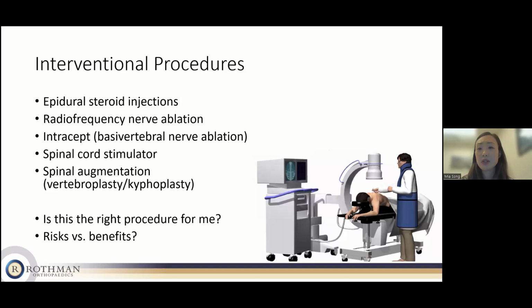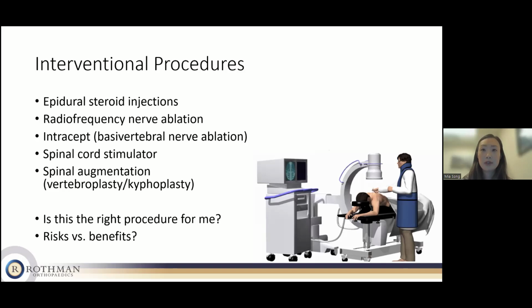Each of these procedures is performed for very different diagnoses or underlying causes of your pain. And so it's hard to say whether someone is a candidate for this or not until we fully evaluate you and try to really figure out where your pain is coming from.